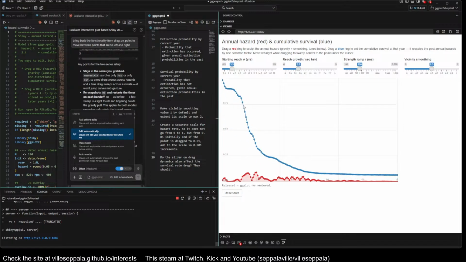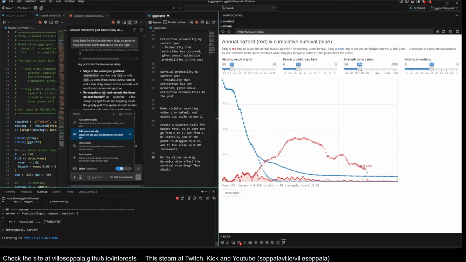It's so weird, this behavior. It's so different to control the survival rate and this hazard rate. You can do anything with this one.